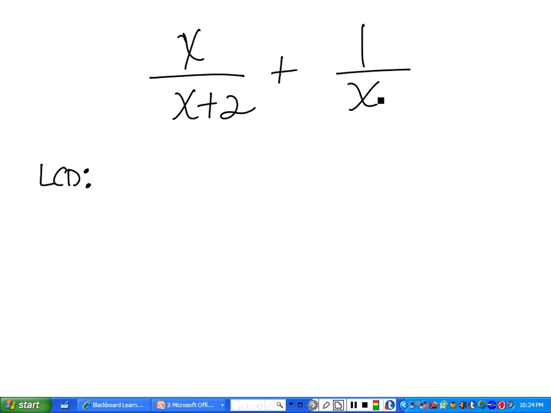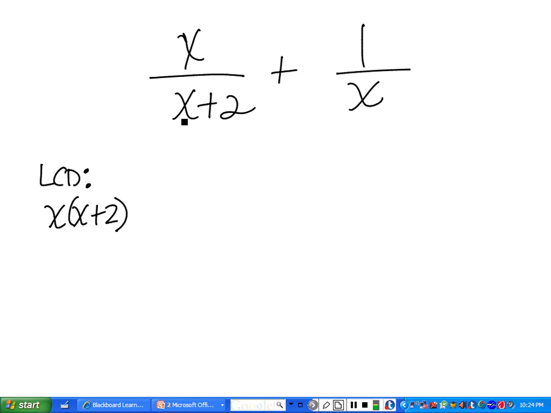The factors are x and the x plus 2 multiplied times itself. So the factors for the LCD are both of these factors, because you can't multiply anything times x to get x plus 2. Therefore, the LCD contains both of these distinct factors.